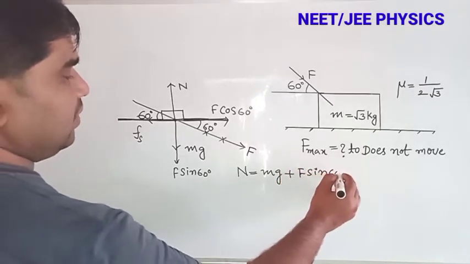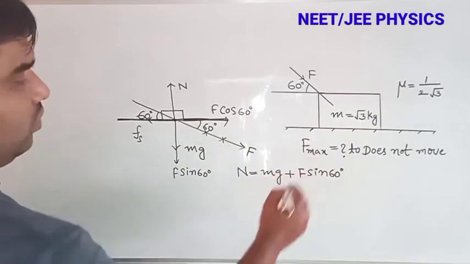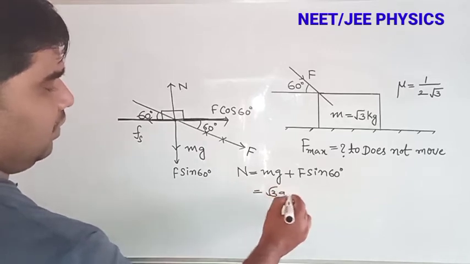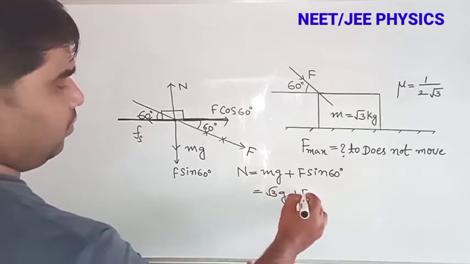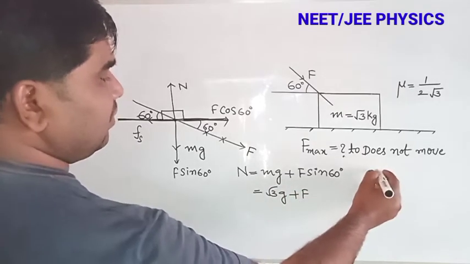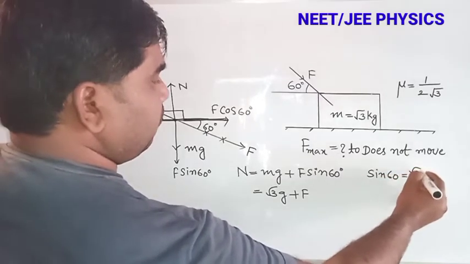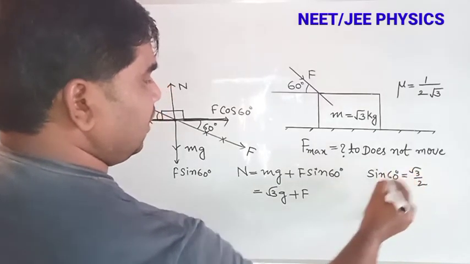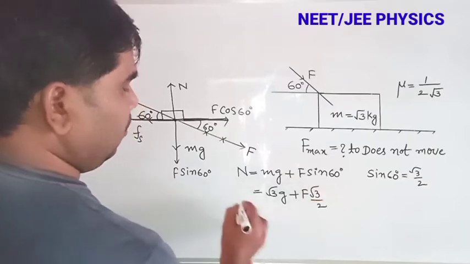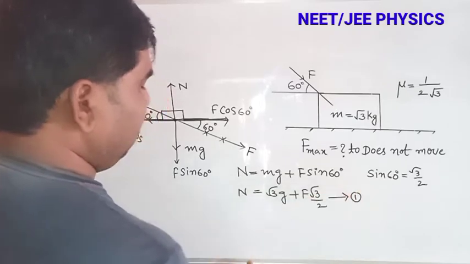Here m is root 3, so root 3 into g plus F sine 60, and sine 60 is root 3 by 2. This is the normal force. Let us take this as equation 1.